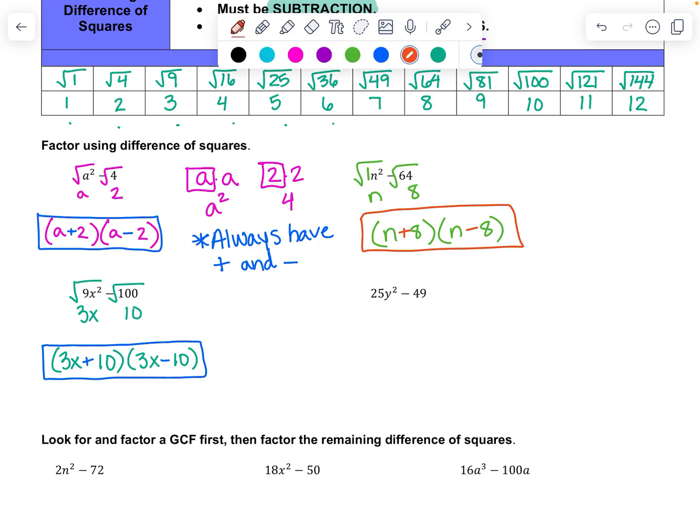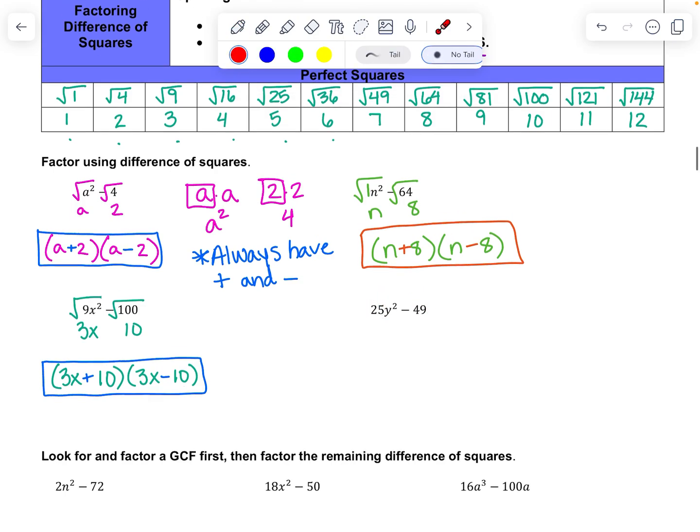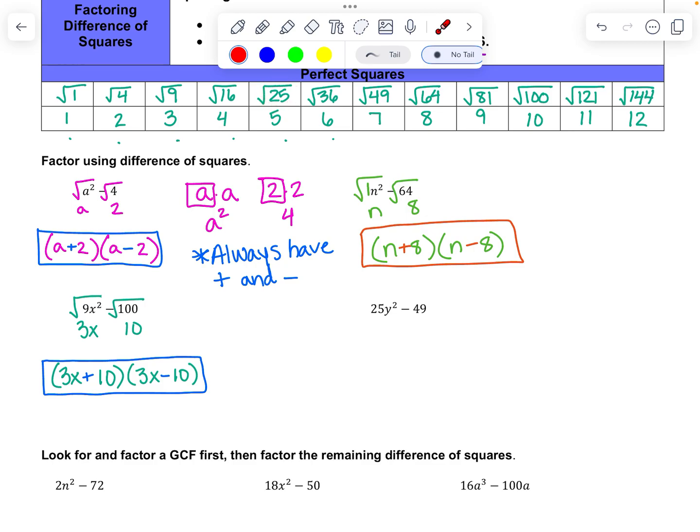Okay. I see on my next one 25 and 49. On my list of perfect squares, I have 25 and I have 49. The square root of 25 is 5. The square root of y squared is y.